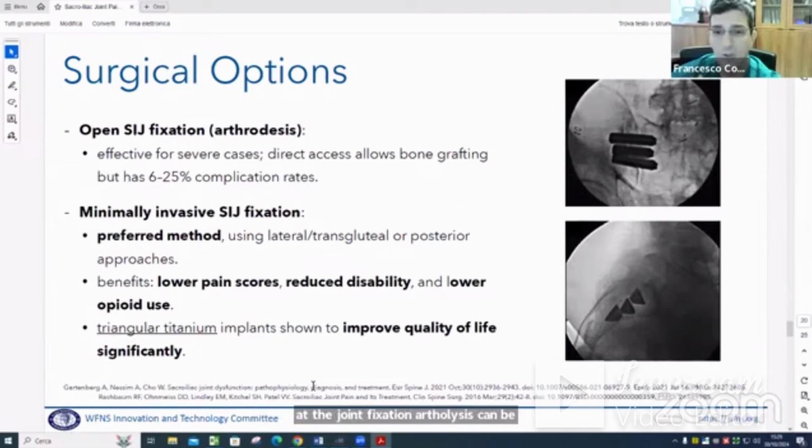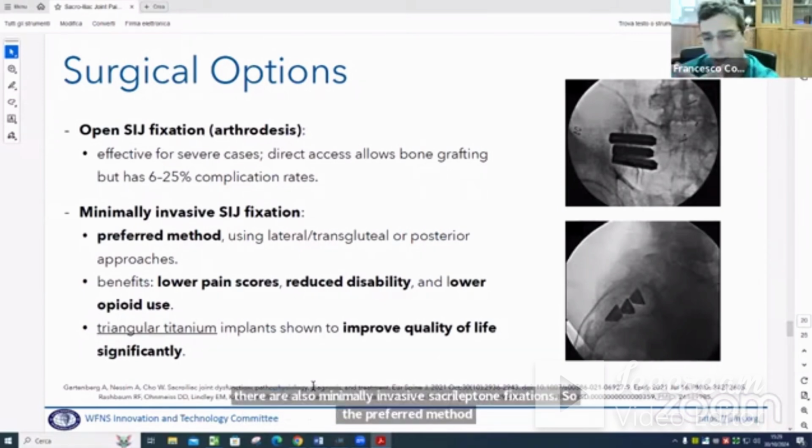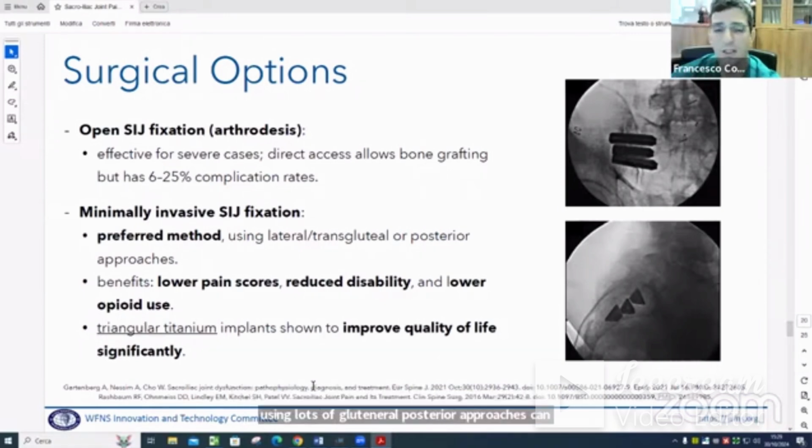You can see here two different types of arthrodesis tools, which however have a complication rate between 6 to 25%. So the selection of the patient is very important. Now there are also minimally invasive sacroiliac joint fixations. The preferred method, using lateral, transgluteal, or posterior approaches, can be selected according to the knowledge of the surgeon.